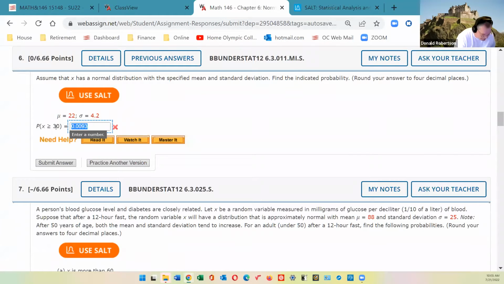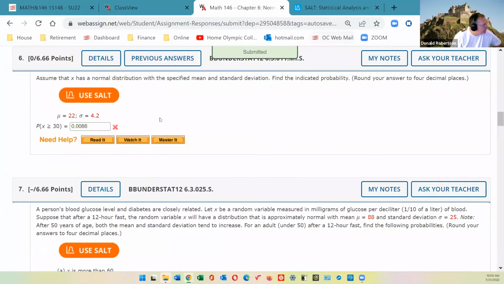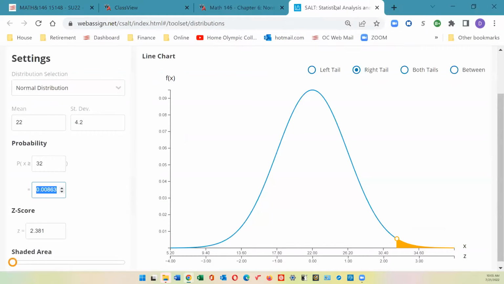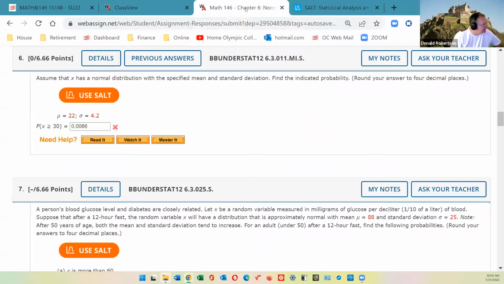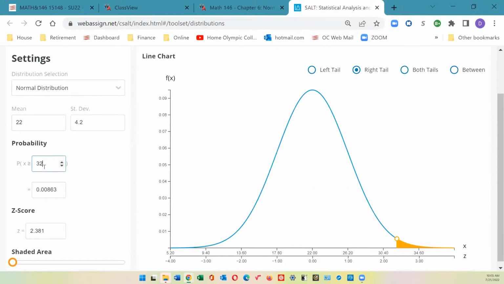So check it this time. Okay, what's wrong with this question? 22, 4.2. You said less than 32. It's supposed to be 30. I didn't. Did I? Yeah. If I had a brain, I'd be dangerous.